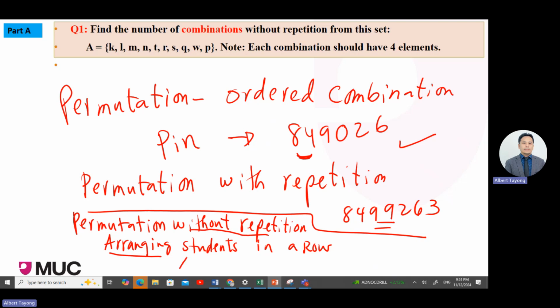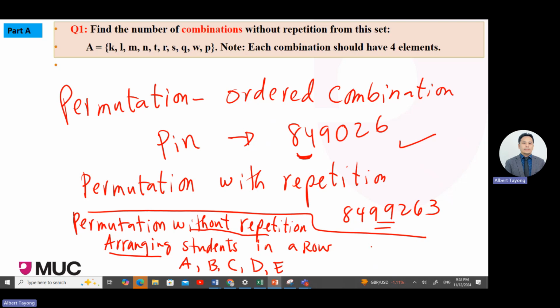It could be student A, B, C, D, E. You cannot repeat E. E is unique. This usually happens when we have a ceremony, for example, where we arrange our students according to some criteria or restrictions. But in a class, we don't usually arrange our students.